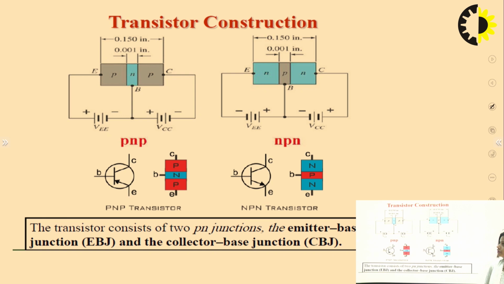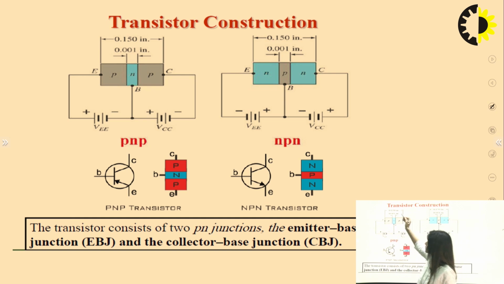So here we go. Basically, we will now discuss the PNP transistor, the width and the length and the doping of the regions of the particular BJT transistor. So here this P type region, N type region, and then P type. Hence, it is a PNP transistor, right?